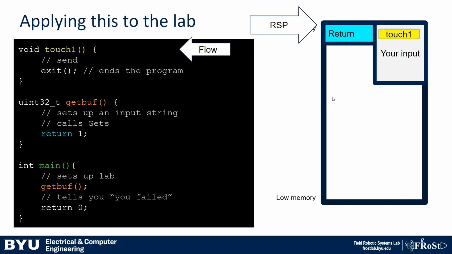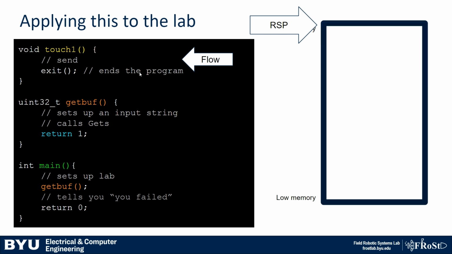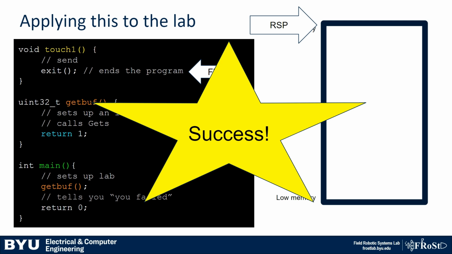However, if you're clever and the last 8 bytes of your input are the memory address for touch1, when you get the ret command in assembly, it'll go to touch1 instead of to main, and it will do the sending of the successful message stuff, and it'll upload to the server that you succeeded and everything is good and dandy.